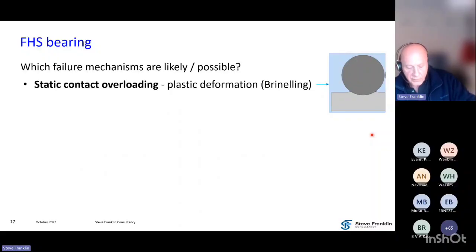So if the roller was just simply statically pressed onto the steel strip, then we might get some plastic deformation there, which is called brinelling, whereby you make a dent basically into the steel strip.